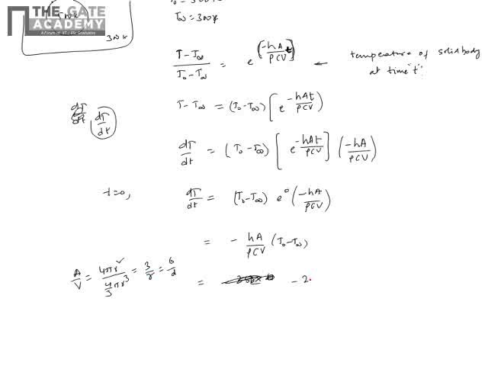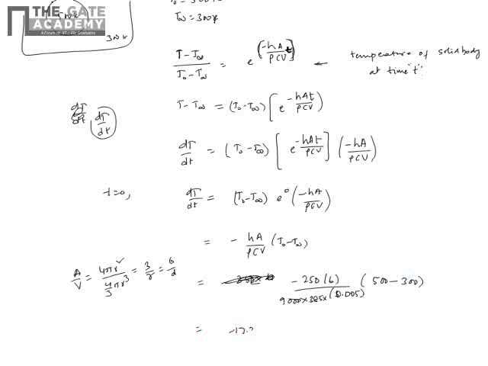So let's substitute like this: minus 250 times 6 by d, d is 5 mm, 0.005, and density is 9000, and specific heat is 385. And T naught is 500 and T ambient is 300.